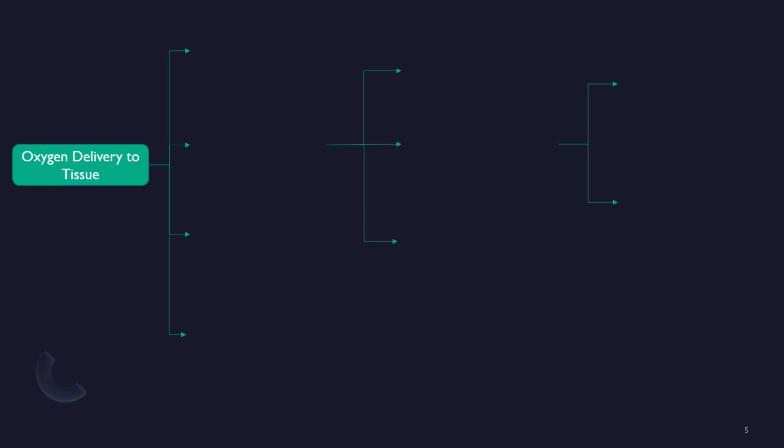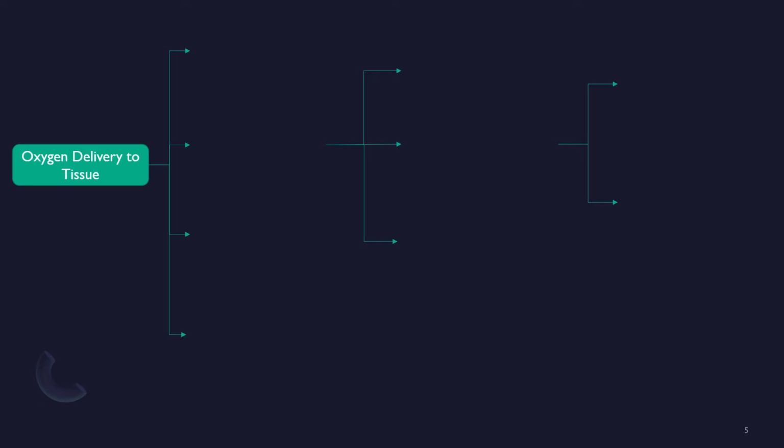That is not necessarily true, and this is how I'll show you how the body is really dependent on oxygen. So the key issue is oxygen delivered to tissue. If the oxygen delivery to the tissue is suboptimal, the patient will not do well. If the oxygen delivery to the tissue is good, then the patient will do fine.